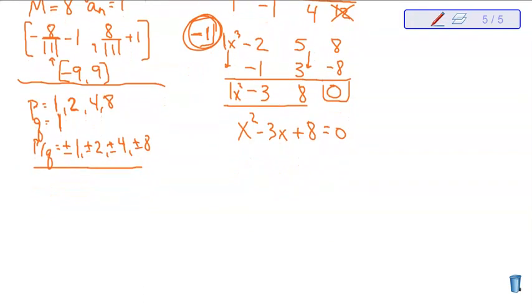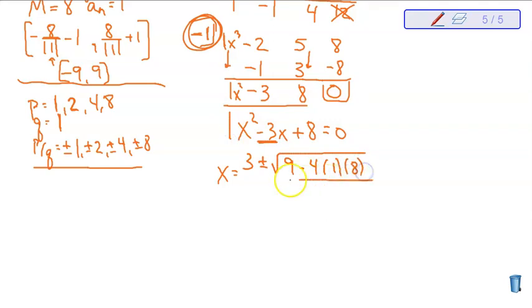Well, there's nothing. 1 and 8 adds to get 9. 2 and 4 adds to get 6, not 3. Therefore, we must use the quadratic formula here in order to solve. So one more time on the quadratic, we're going to go x equals negative b, so 3 plus or minus the square root of b squared minus 4 times a times c, which is 8, all over 2a, which is 1.